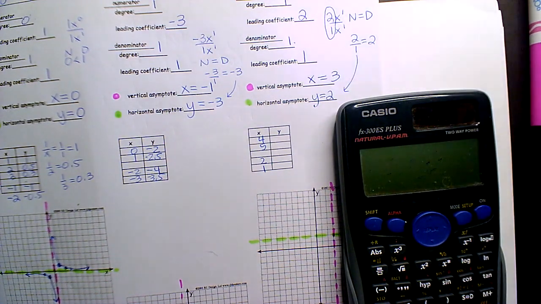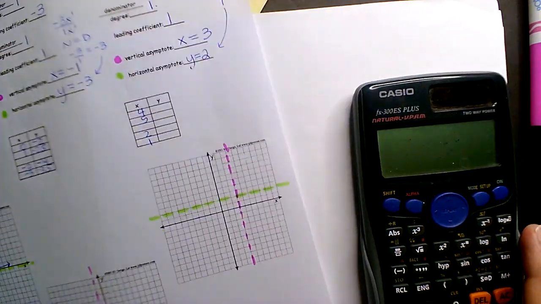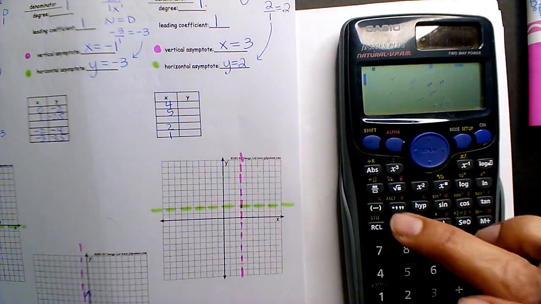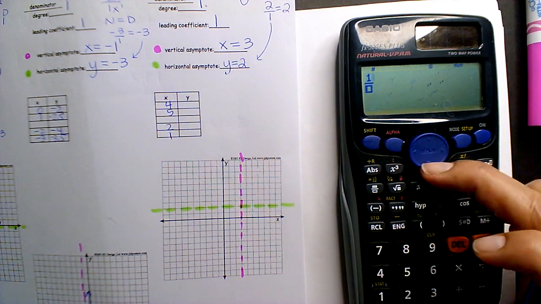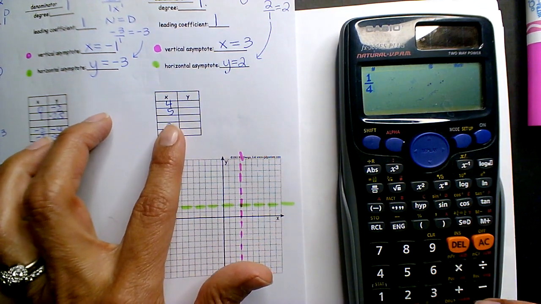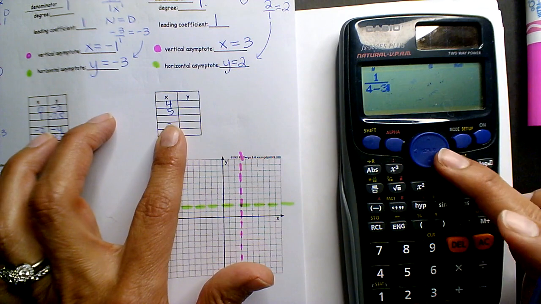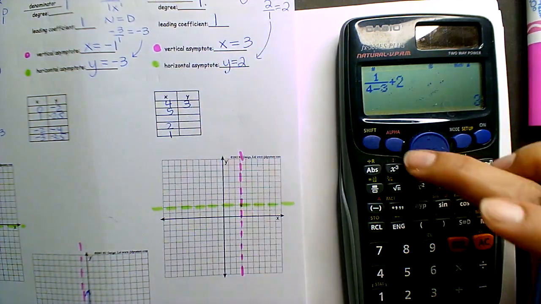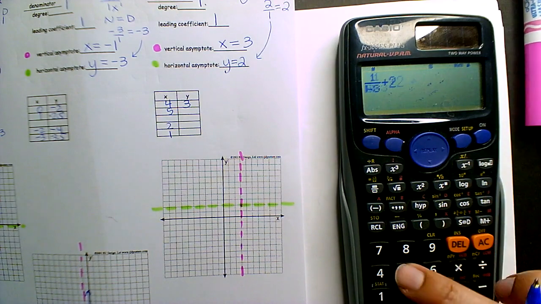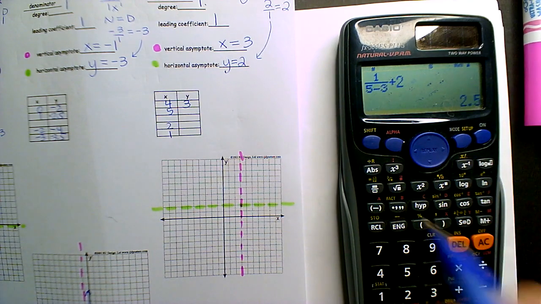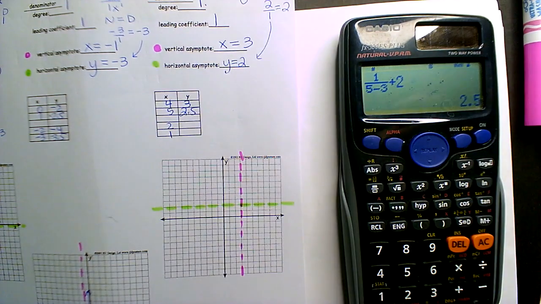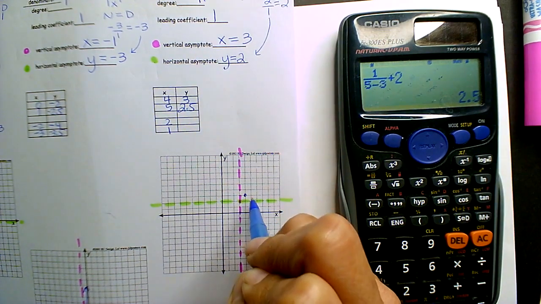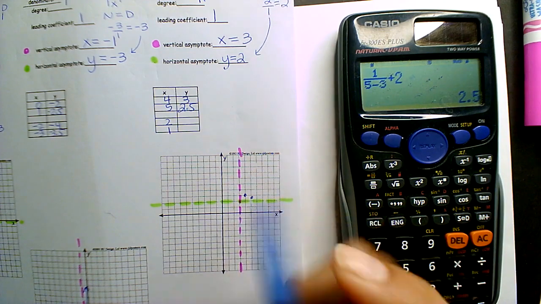Let me move the camera closer. And then let's grab that. Okay, so what is it? Fraction 1. Okay, we'll put in 4 first. 4 minus 3 plus 2. And I get 3, and then I plug in 5, and I get 2.5. So 4, 3, 5, 2.5.